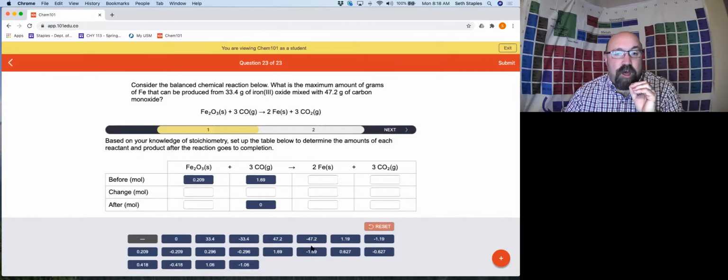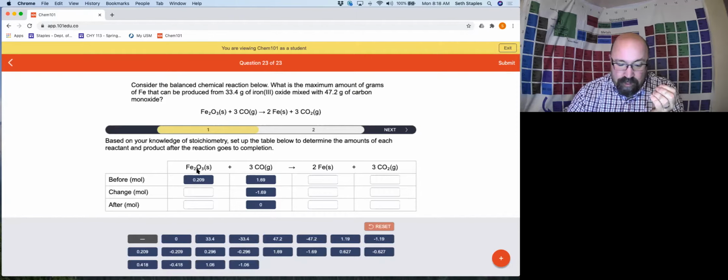That means that we would have lost 1.69 moles of carbon monoxide. We also know that for every 3 moles of carbon monoxide we only lost 1 mole of iron 3 oxide. We're looking at our stoichiometry here.